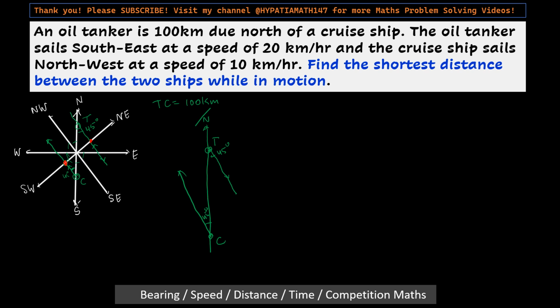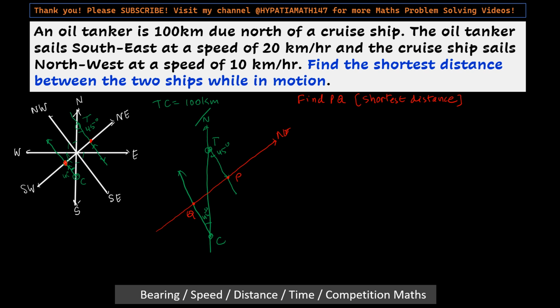So the shortest distance, if this was our line, so this is the northeast line. When they come to the northeast line, these points are the shortest distance. So if these points were P and Q, we need to find PQ, the shortest distance.